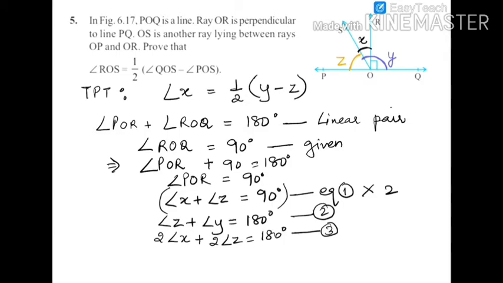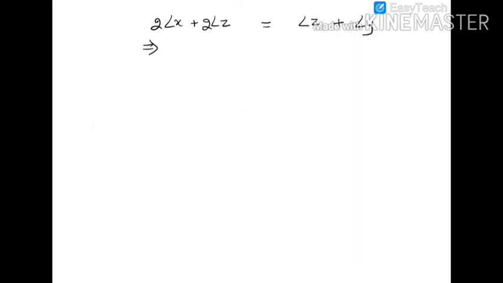Now look at the second and third equation. Their right hand sides are equal to 180, which means we can equate their left hand sides. So this implies 2 times angle X plus 2 times angle Z is equal to angle Z plus angle Y. So let's carry 2 angle Z to the right side so that we can add like terms.